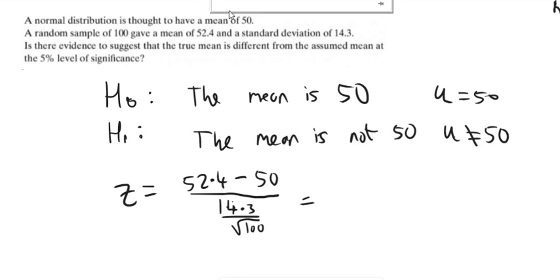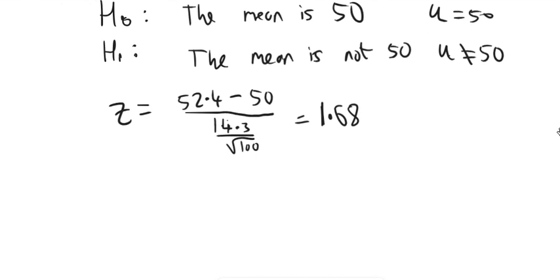I get 1.68 here. That's our z score. Now to get our p-value.